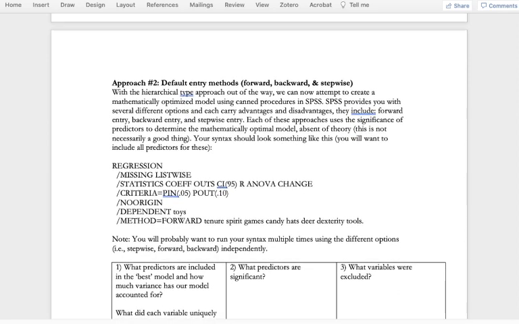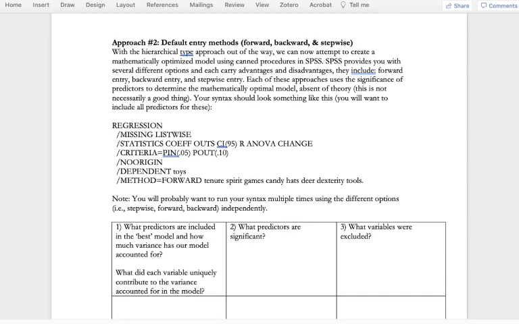So, next up is these default entry methods that SPSS has. Typically, you don't really want to use these. Essentially what they're doing is they're using an algorithm to try and determine the most ideal number of predictors to put in.